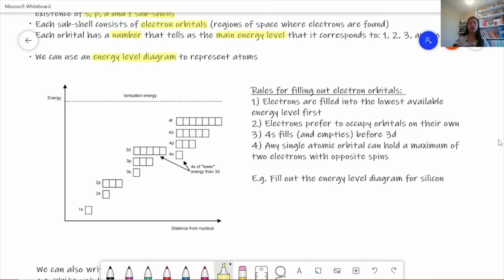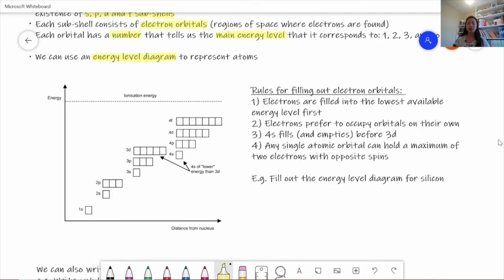The s subshell comes as one orbital, and the p subshell comes as 3 orbitals. Then for the third shell, we have the s and the p again, which is exactly the same, and then we also have an added d subshell, and this is split up into 5 different orbitals. And then for the fourth shell, we have an added f subshell, which has 7 orbitals.